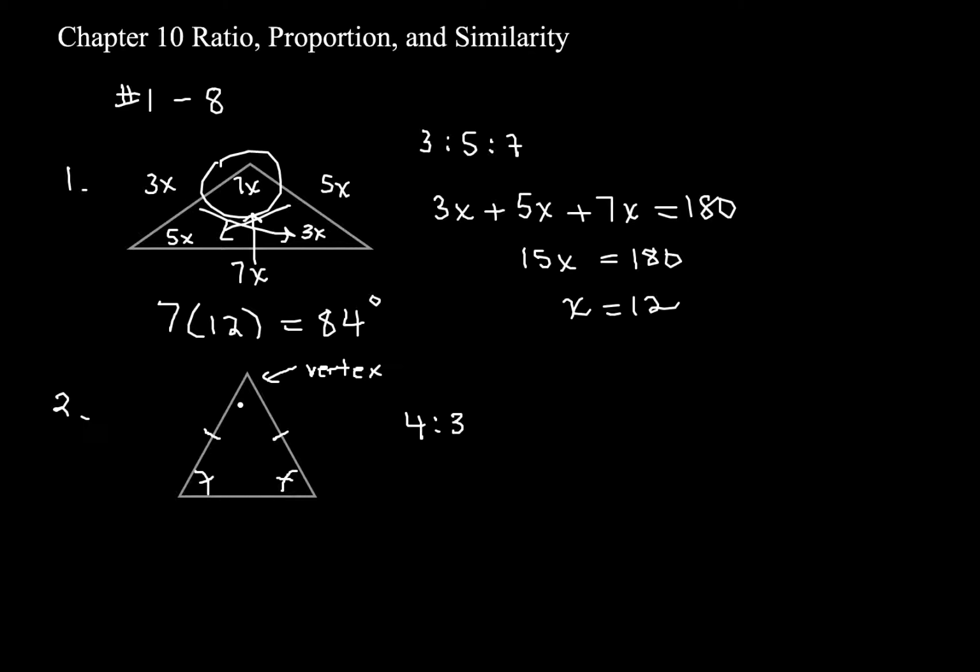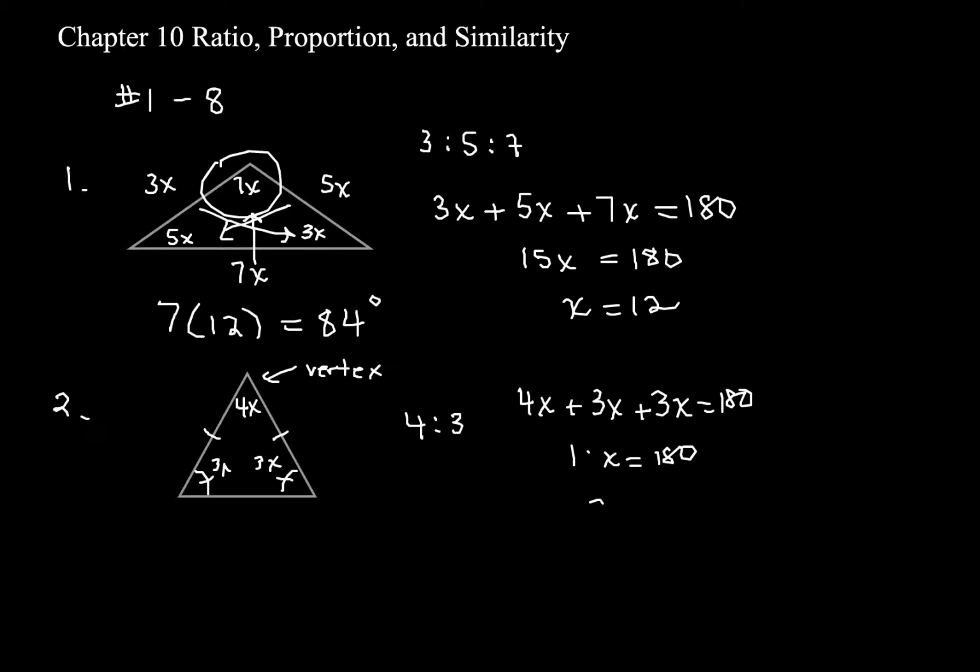So the easiest way to do it is just put your vertex angle as 4x. Your base angles are each 3x, and then set them equal to 180. So you'd say 4x plus 3x plus 3x equals 180. You get 10x equals 180, and x equals 18.